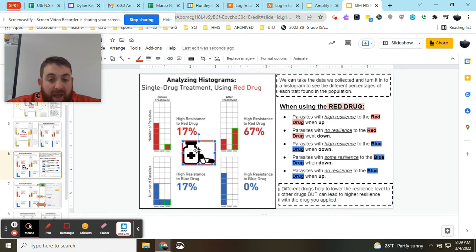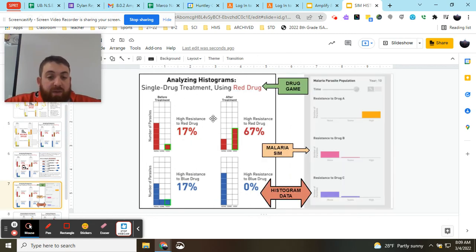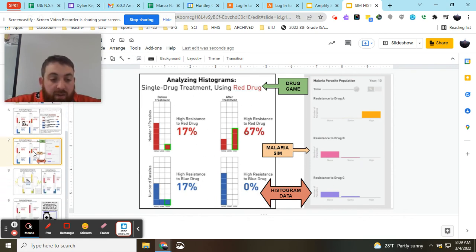So notice, red caused the blue resilience to go down to 0, but red made the high resilience level go up for red. So when we collect our data, it's easy to see that cause and effect relationship. Now, these histograms that we just looked at and analyzed are the same histograms that we have in our simulator. So what we just did here is how we would analyze the histograms in our simulator.